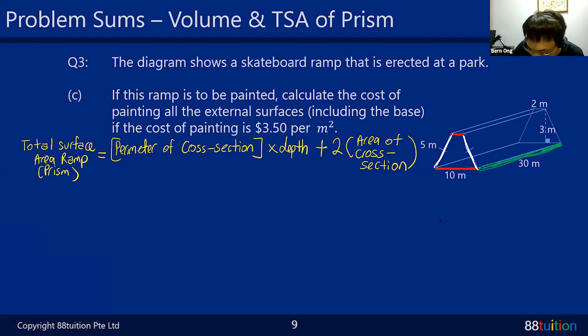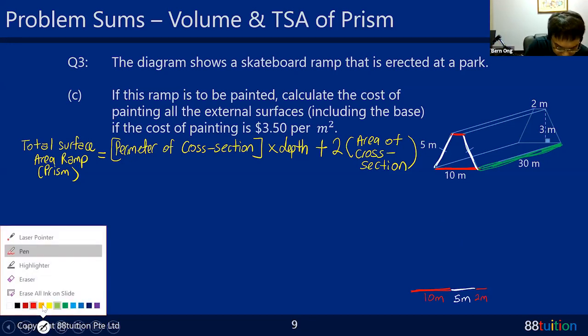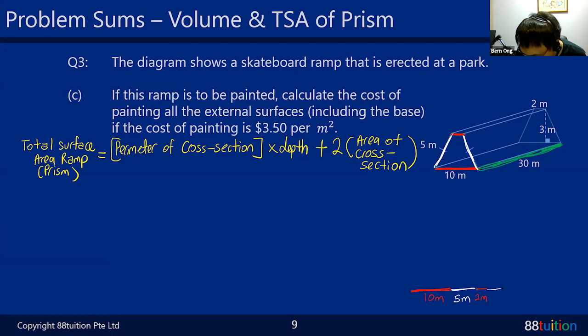I will get the red color portion below, which is the 10 meter, followed by the white color portion, which is the 5 meter, followed by the top portion, the red color portion, which is the 2 meter, followed by another white color portion, which is another 5 meter. Can you see or not?